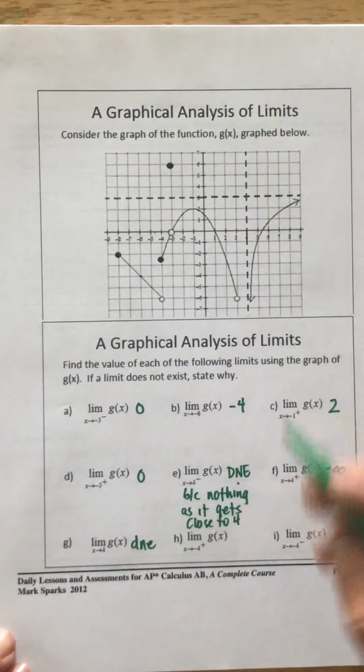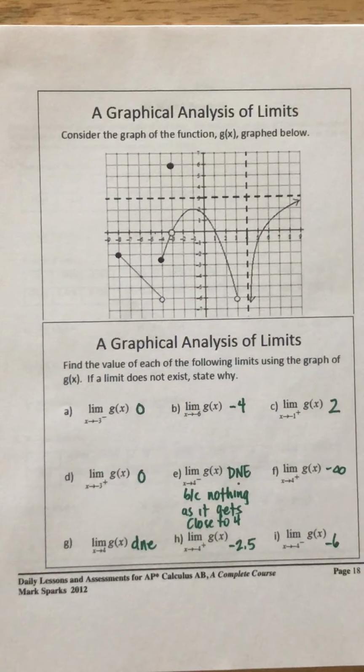It's approaching a value of, oh my God, what is that? -6? All right, so if I asked you the limit at -4, they didn't ask you that, did they? I don't see it up there. No, they only asked about +4. So the limit at -4 is also going to be a DNE situation because these numbers don't match.